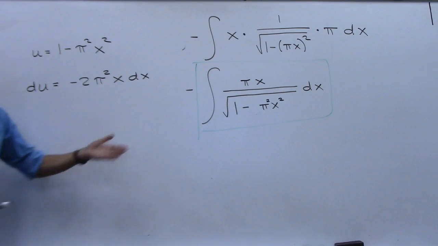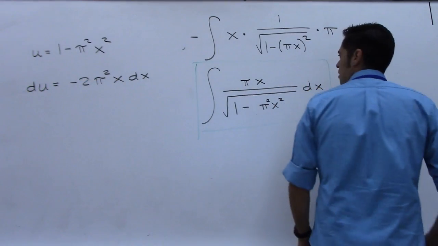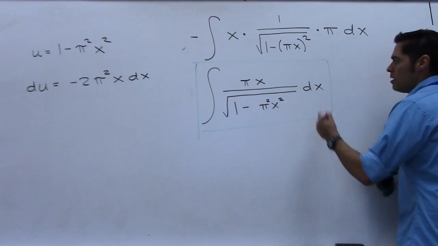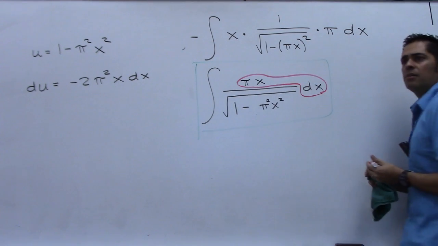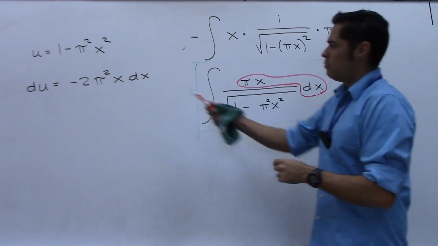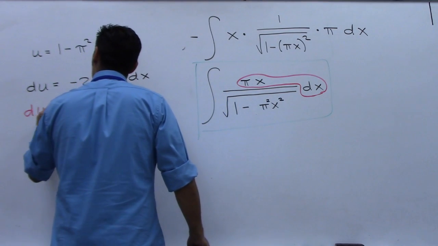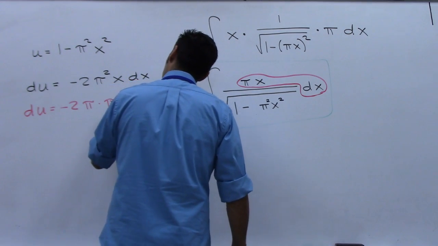Now you look back over at this integral right here, and you say, do I have that, or can I match anything up? Well, do you see what you do have over here? A pi x dx. So let me just rewrite this over here. Du, see, negative 2 pi times pi x dx.